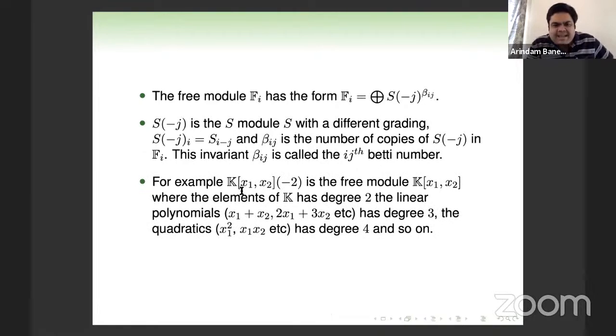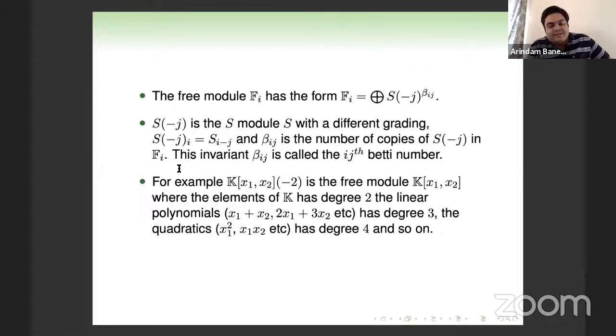Let S be k[x1, x2]. If you take S(-2), it's a free module k[x1, x2]. Here, the elements of k, the scalars, have degree 2. Now, S(-2)_2 is what? It's S_(2-2), which is S_0.